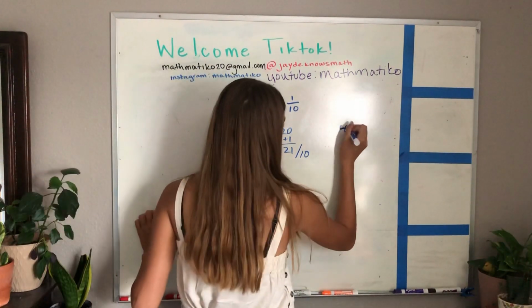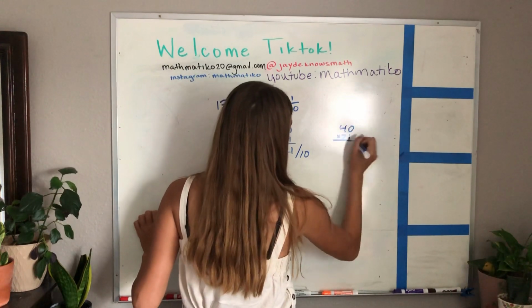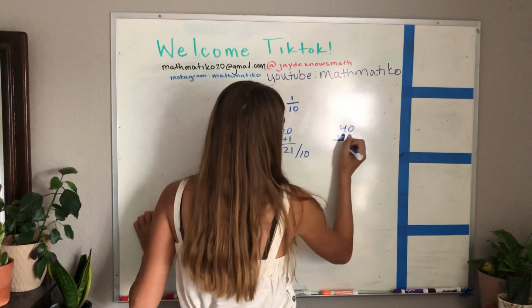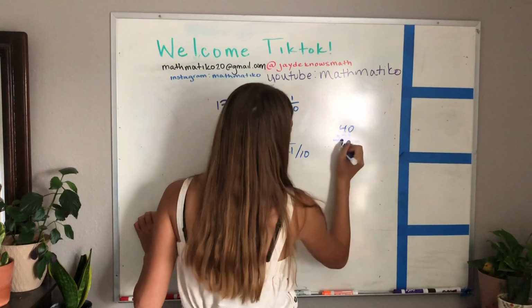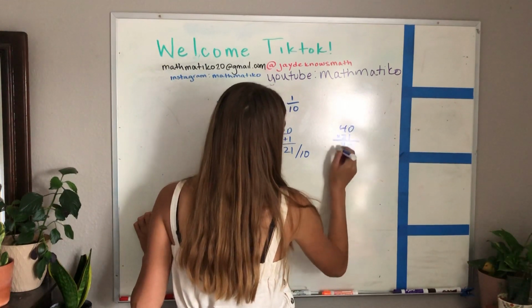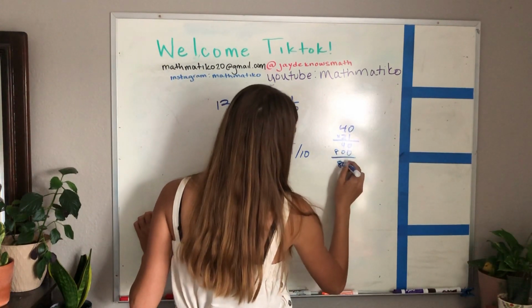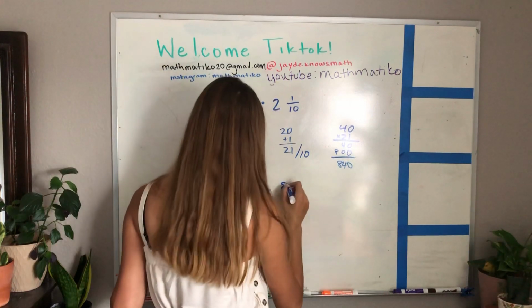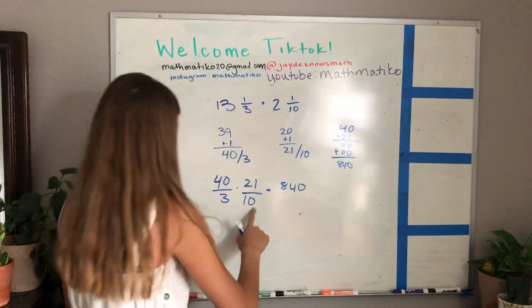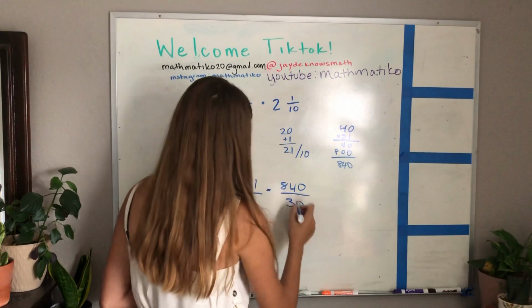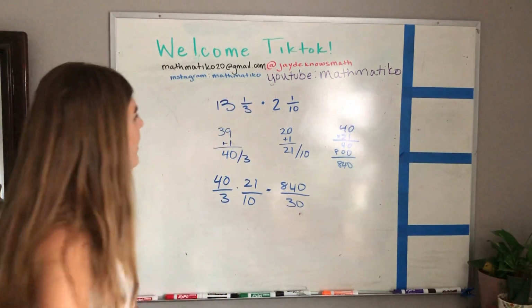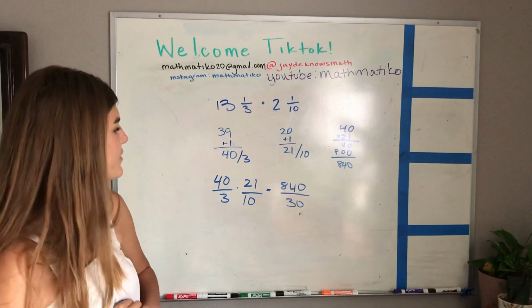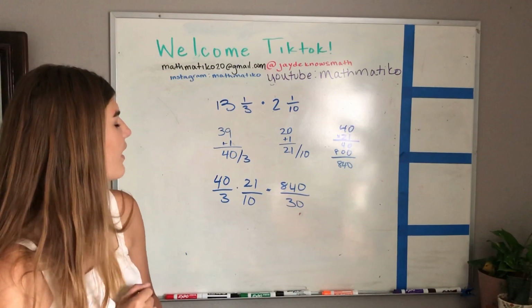40 times 21, 1 times 0 is 0, 1 times 4 is 4, 2 times 0 is 0, 4, 8, so you should get 840. 3 times 10, 30. Cool. So this one is probably pretty easy for you guys if you're in 7th grade.